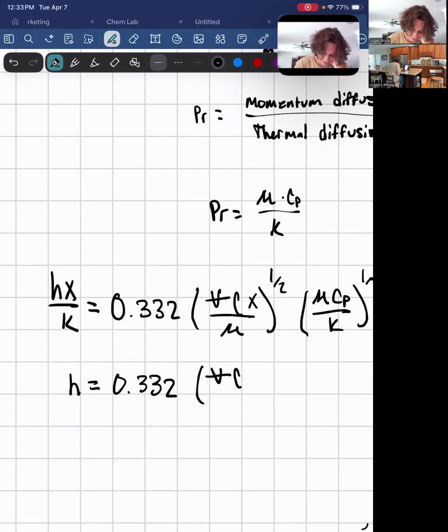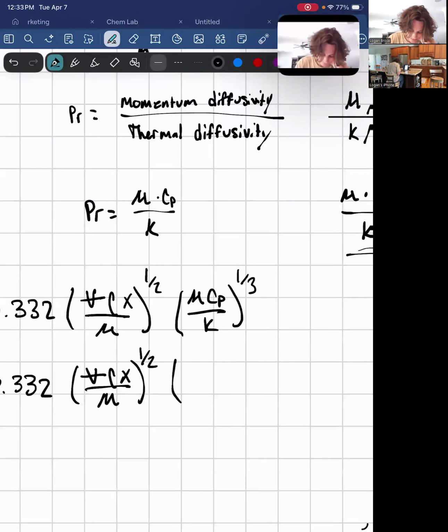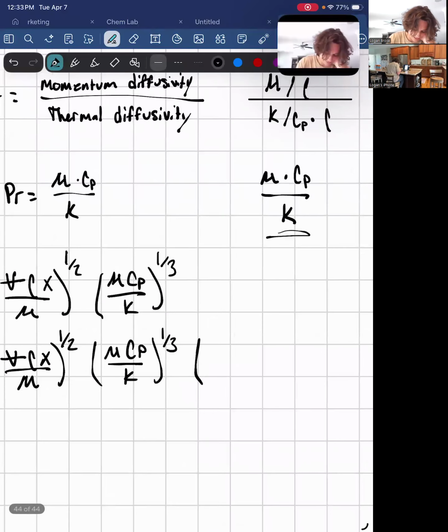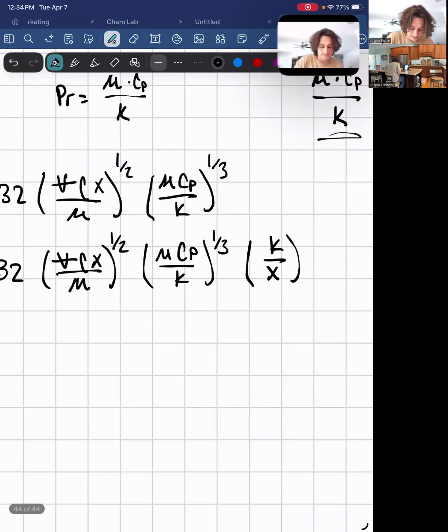Times our V rho x over mu to the 1/2, times our density times our heat capacity over K to the 1/3, times our K over X. So we can further simplify. This is K to the 1/3, this is K to the 3/3, that can be simplified. Same thing with X here and this X here.